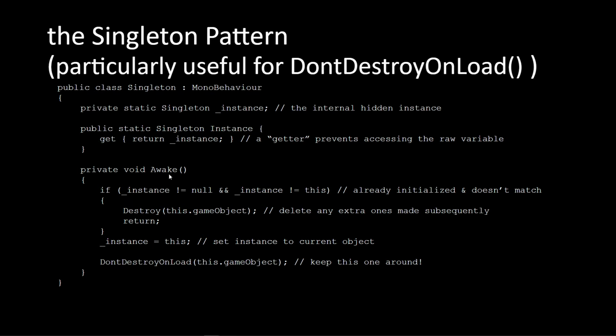If someone's sitting in the chair, the instance already exists, and for some reason that instance is me, it's because there can be weird situations where the object goes into another scene and it awakens again. Being in another scene, this awake could happen again. So it wants to make sure, okay, the instance is already set and it's not me.